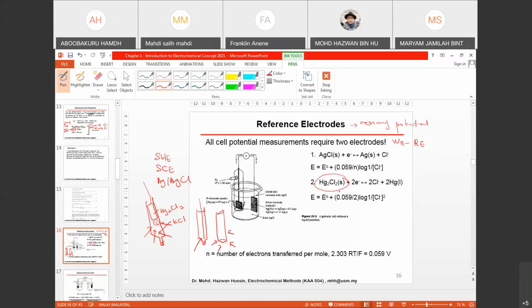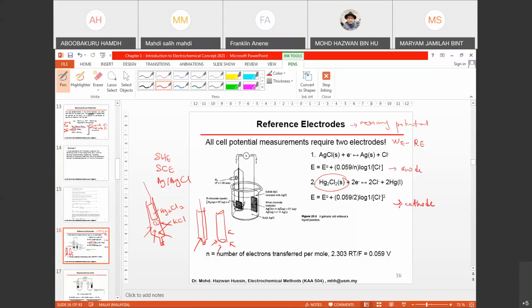Then you will have the Nernst representation for the anodic reaction as this, and you also have the Nernst representation for your cathode.